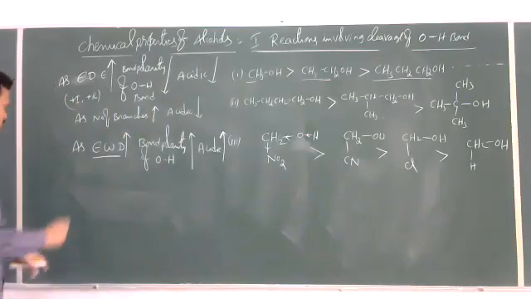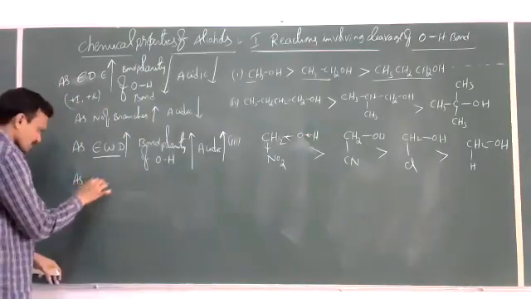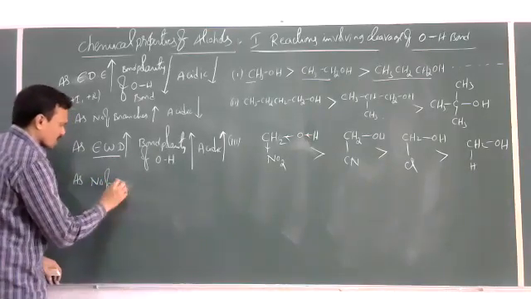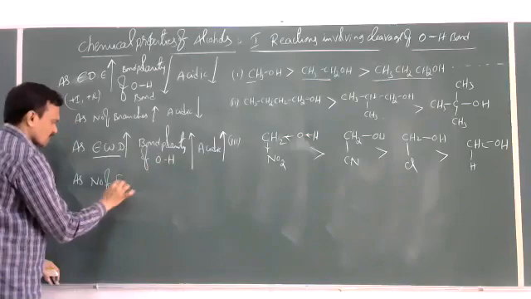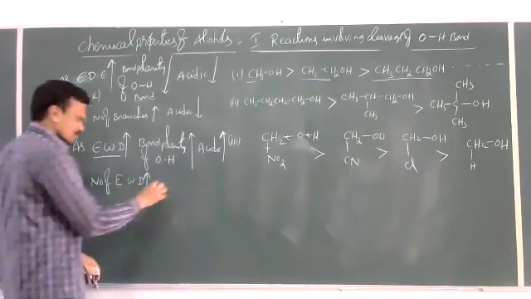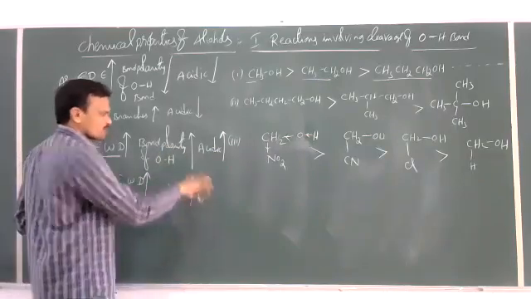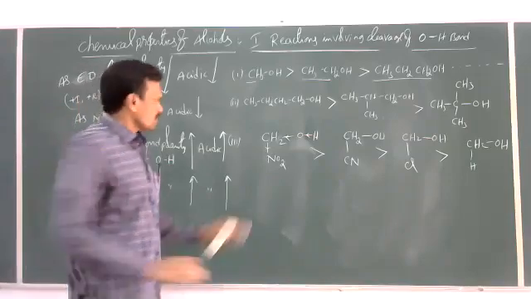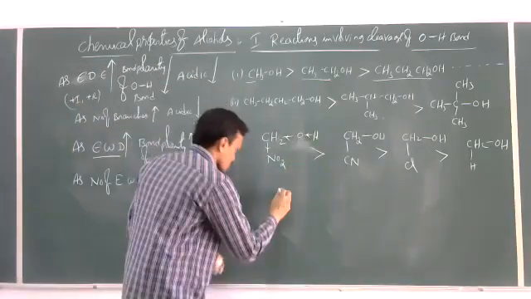Next, one more condition. As the number of electron withdrawing groups increases, the bond polarity of the O-H bond increases, and the acidic strength increases. Now take the same example with small changes.